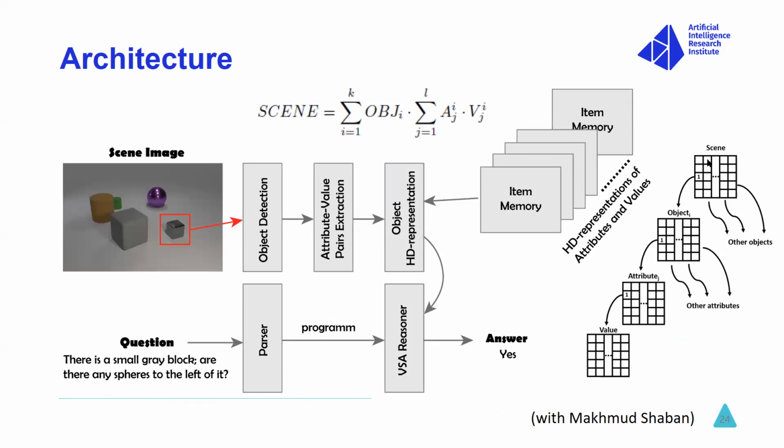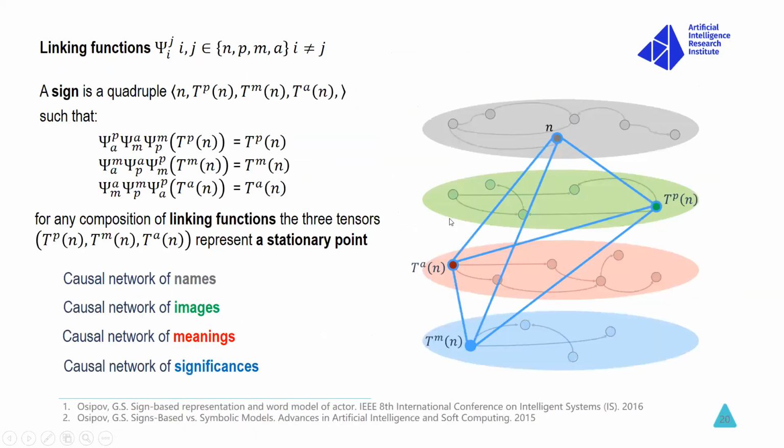All right, Ross, I see you raising a hand. Thanks for the talk, Alexey. About a third of the way through your presentation, you were talking about the tensor representation of signs and how their components are related to each other, and you were talking about there being a stationary point relating those components. That's the one. Yes, thank you. I think that's before you start talking about VSA. So you're back in ordinary maths domain at this point.